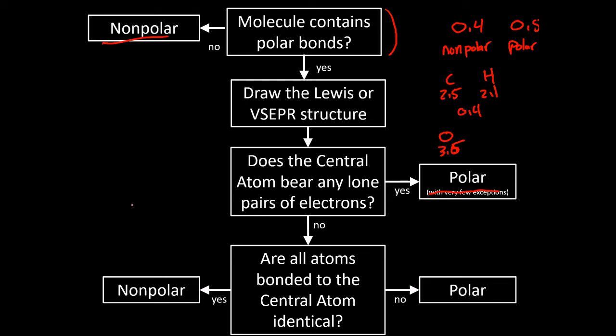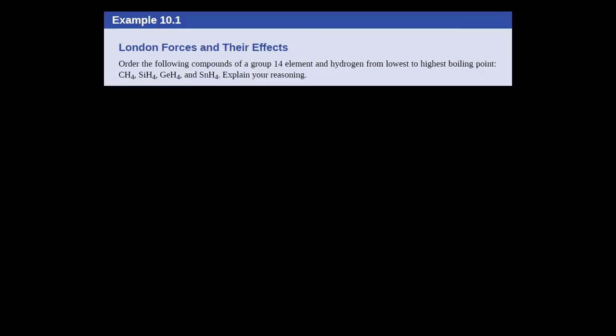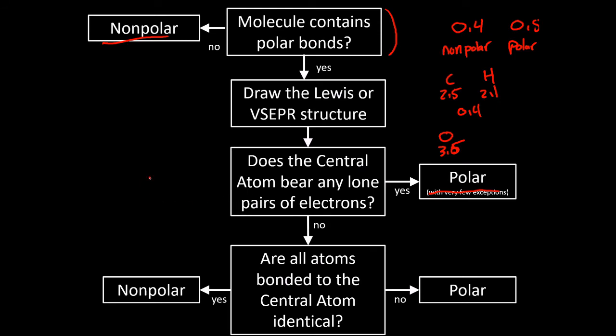So an example we did back in Gen Chem 1, a very famous example of this. Carbon is 2.5, chlorine is 3. Yes, oxygen is definitely 3.5. So chlorine is 3. That is a difference of 0.5, which is a polar bond.